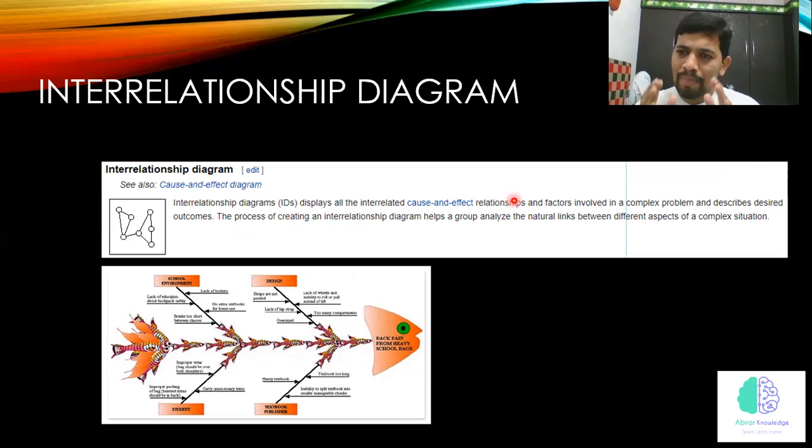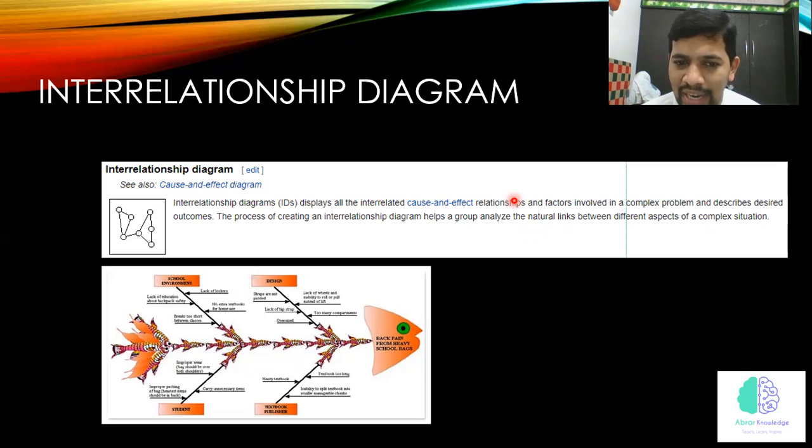And sometimes what will happen, if you look at the cause and effect, it is one. For example, man, you will put down all the issues related to man, all the issues related to machine, method, material, and all that. But in this one, you will do an element mapping of the factors involved in a complex problem and describe the desired outcome.